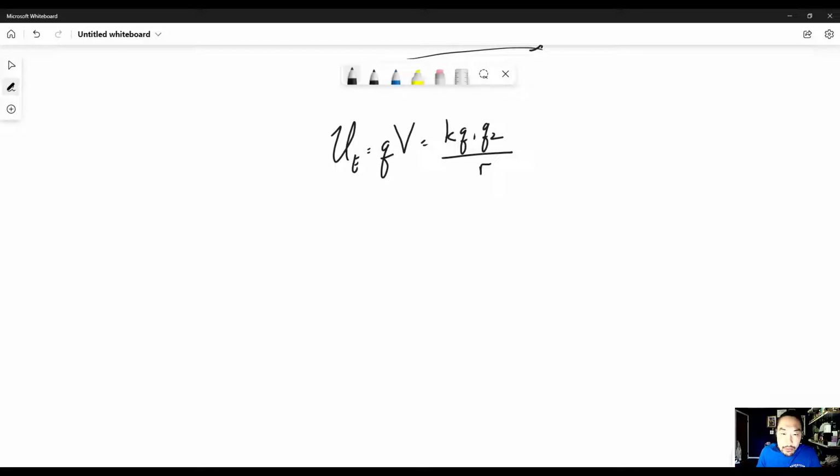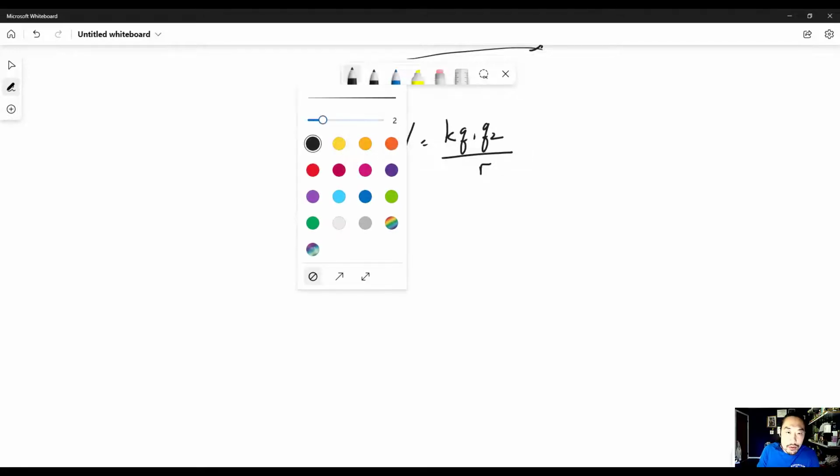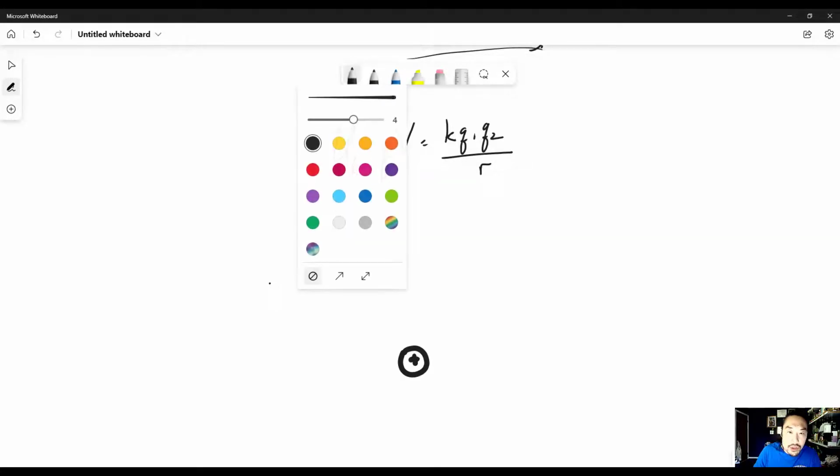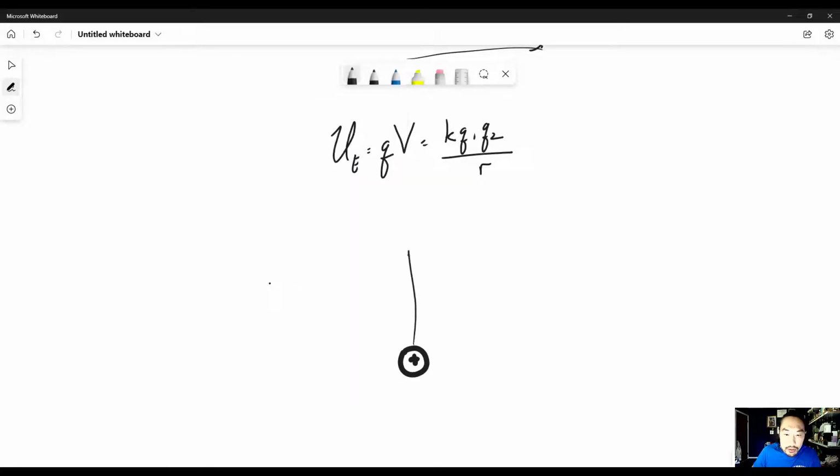If we have an electric field, so let's say we have the charge plates, we'll just do a positive charge here. And we have field lines like so.